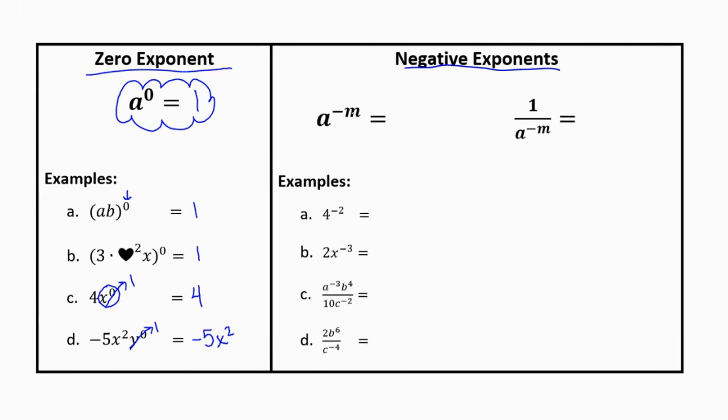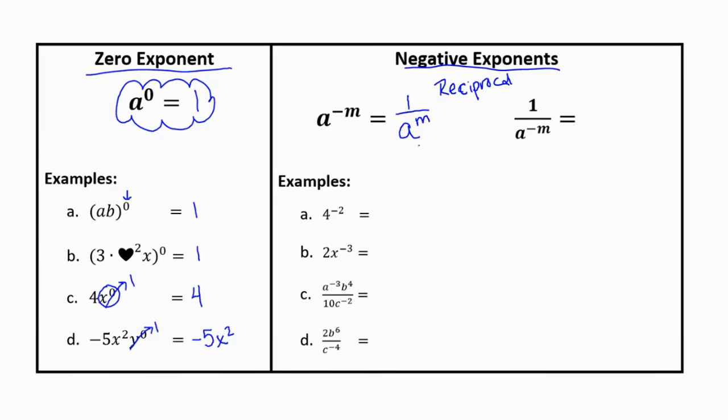So a to the negative m power would be 1 over a to the positive m power. What you would notice is that before we had the same expression on the bottom as we did when we had the positive exponents from our table of 3 and 2. So this is the pattern. It creates for us a fraction. It also creates for us what's called a reciprocal.